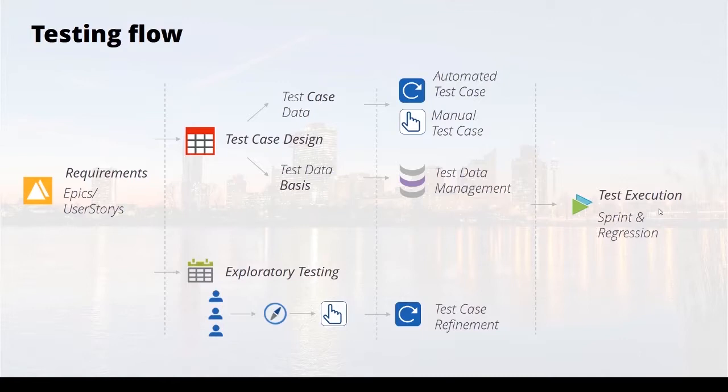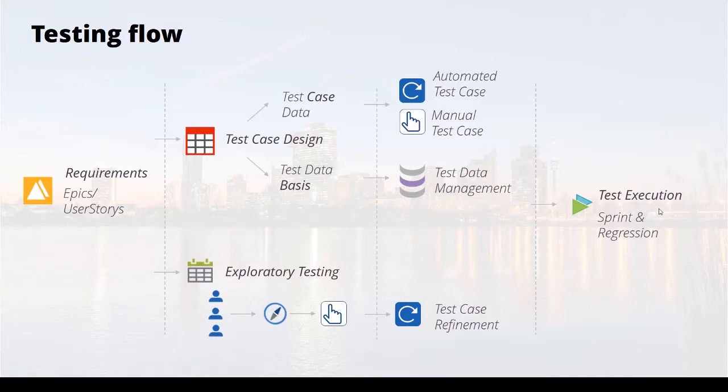So we could start with test case design and think about our test data, relevant test data combinations. Or we have another chance in going for exploratory testing, where we would need to create certain test sessions. And as soon as the development has delivered us artifacts that we can actually test, we could also run these exploratory tests as well.